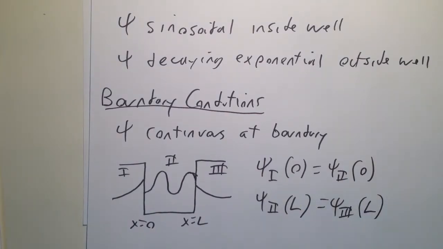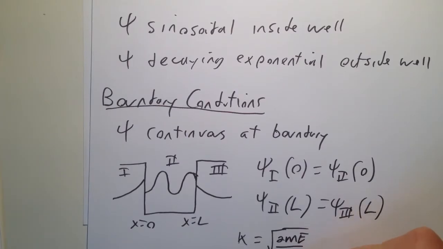So this is going to lead right away to some energy quantization. You can imagine that as I try out different wavelengths in here, there's only certain ones that are going to match my decaying exponentials. We can look at the k in our sinusoidal functions and see that the k depends on energy.